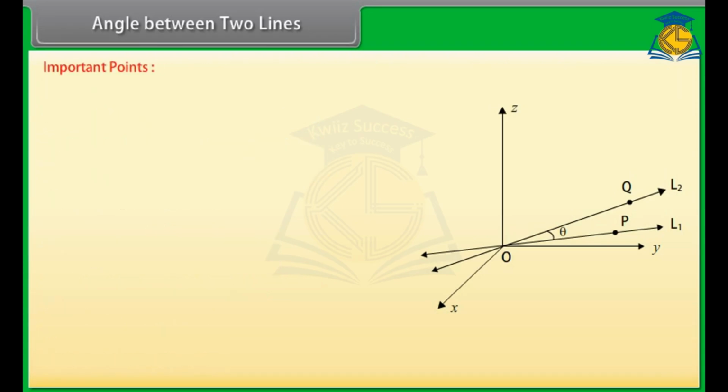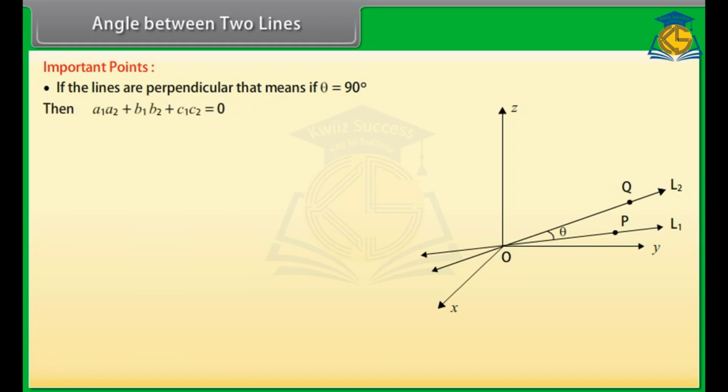Important points. If the lines are perpendicular, that means if theta is equal to 90 degrees, then a1 a2 plus b1 b2 plus c1 c2 equals 0. If the lines are parallel, that means if theta is equal to 0 degrees, then a1 by a2 equals b1 by b2 equals c1 by c2.